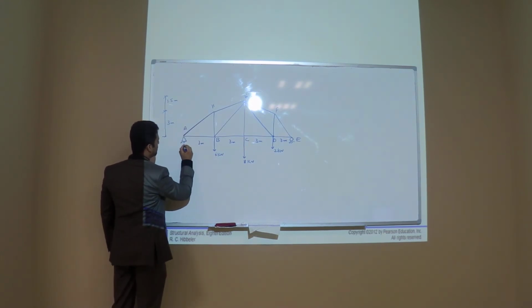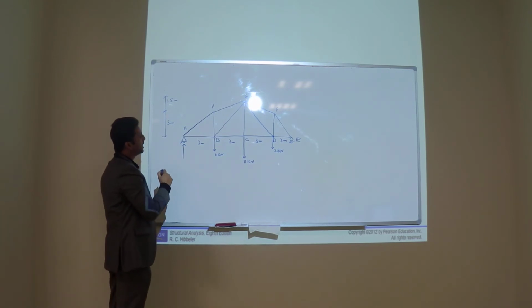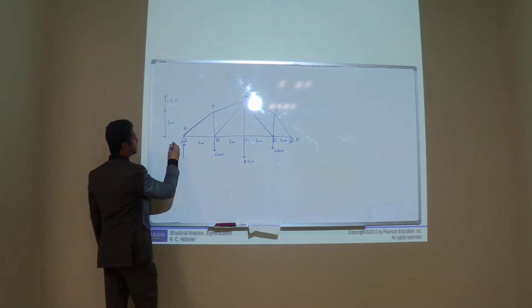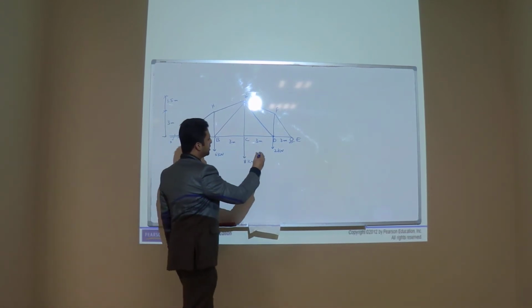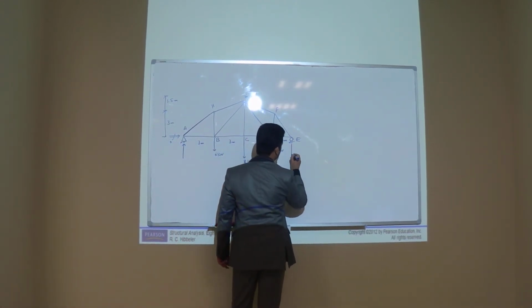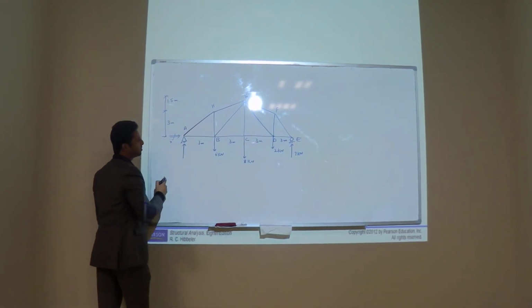Then you take the summation of x and moments. Is there any horizontal reaction? It is zero. How much is this vertical reaction? 7. And this one? 9.